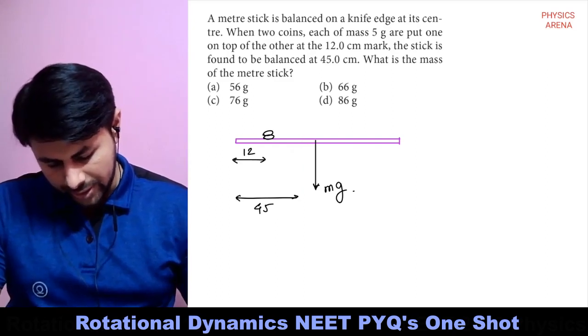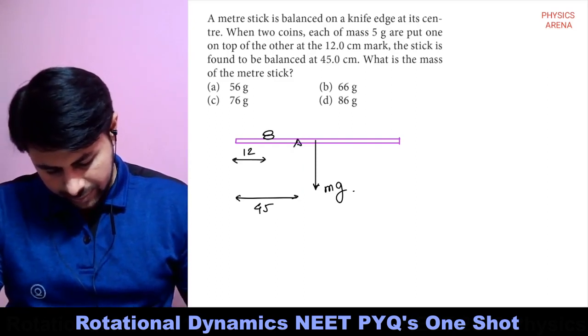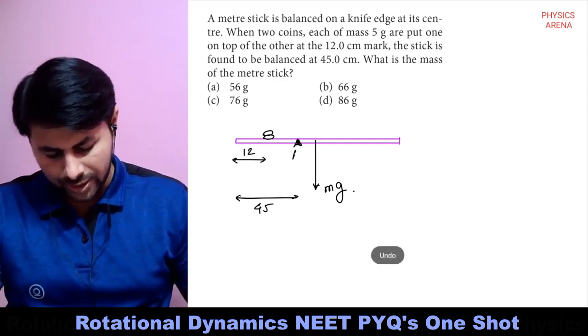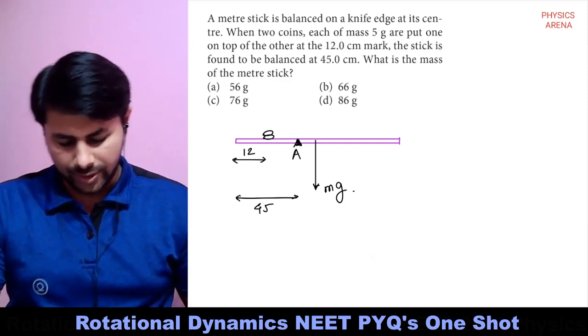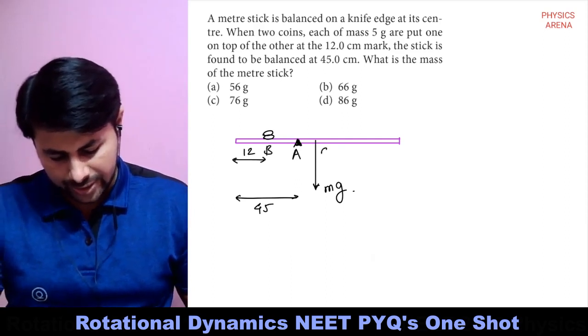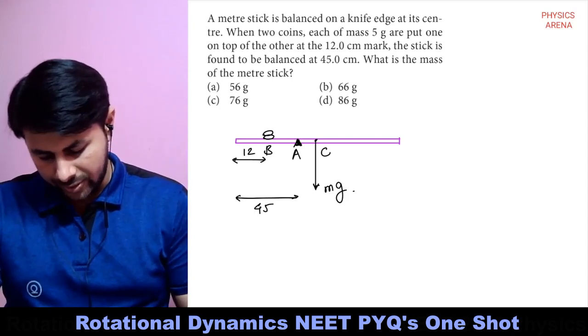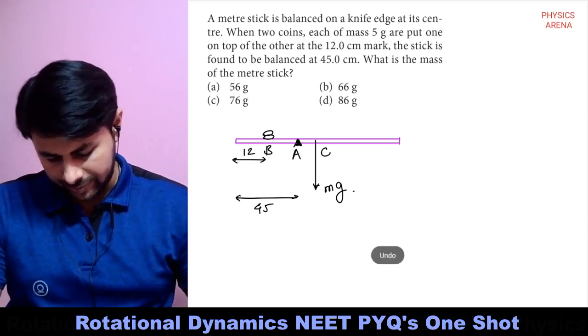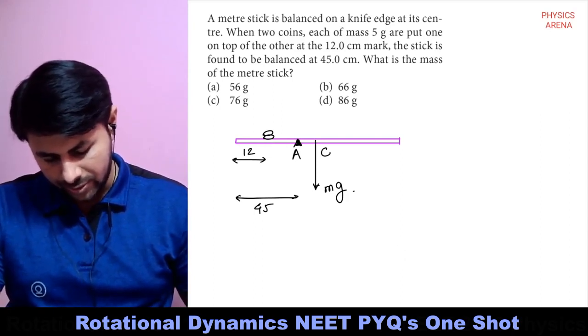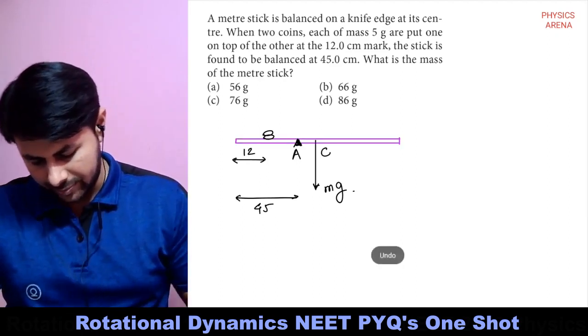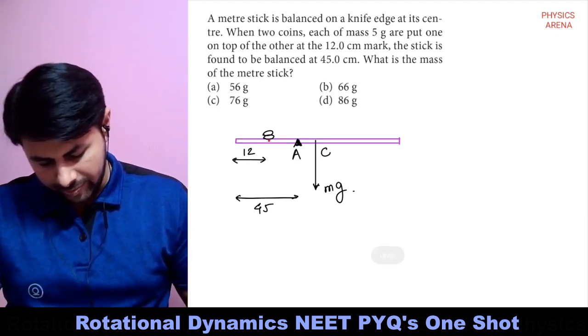So let's call this point A. This is B and this point is C, right? These two coins you are keeping at point B.